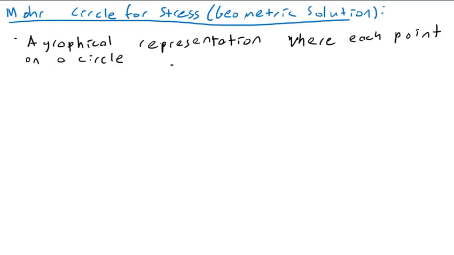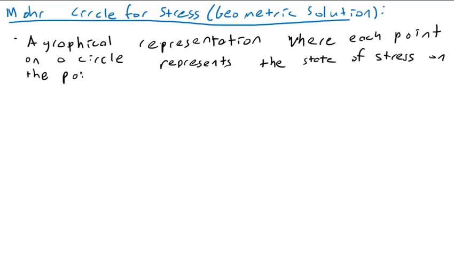Each point on a circle represents the state of stress on the point in question. So by graphing the circle, we will have a complete representation of the state of stress at any possible orientation in question.